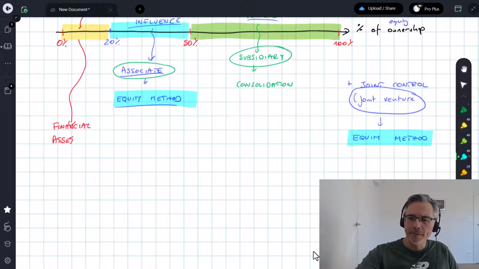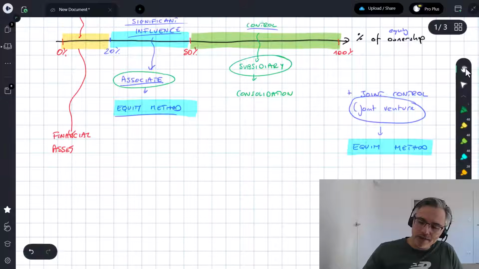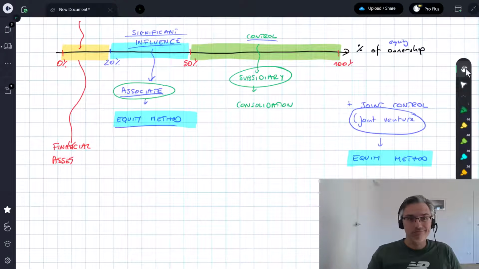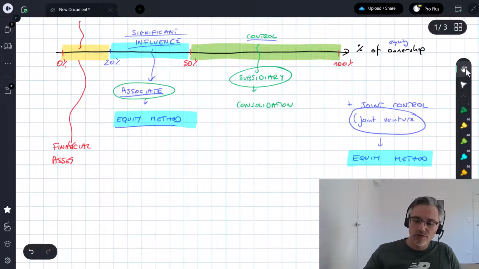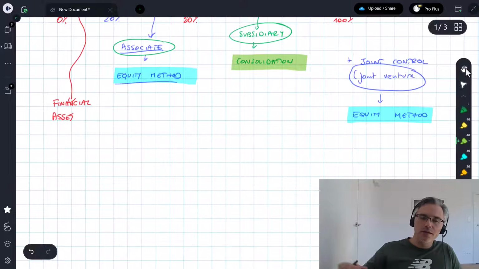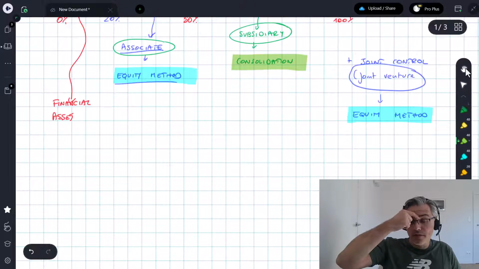Okay, good. So that's the landscape for what will come in the next couple of videos where we'll discuss different intercorporate investments, and we'll discuss these individual methods, the method by which we consolidate, the method by which we treat associates and joint ventures. That's the equity method.